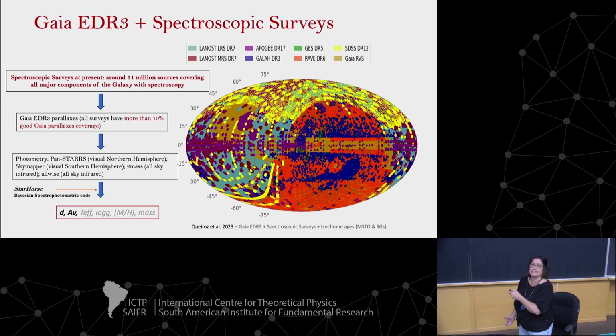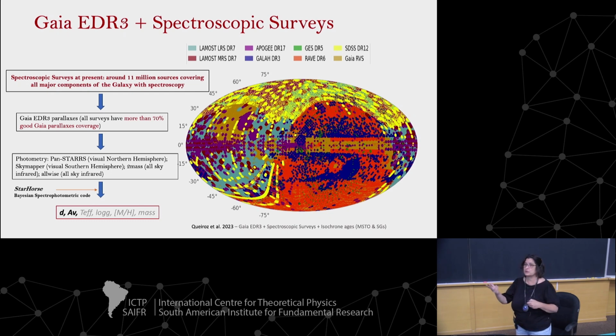So it's amazing. It's really good. And the photometry we use here: Pan-STARRS, SkyMapper, 2MASS, AllWISE. AllWISE and 2MASS are important to break the degeneracy because they are in the infrared. And then we use StarHorse, and we got the distance and extinction, and the other parameters I told you: temperature, log g, metallicity, and mass.